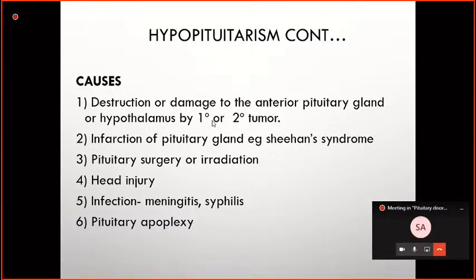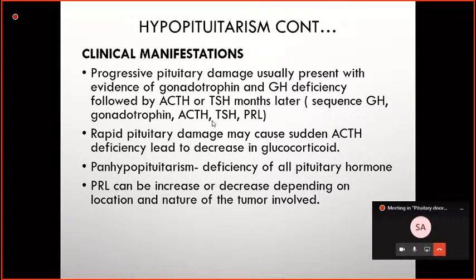Head injury as well. It can be gradual if the bleeding is slow. So it really depends on the cause. Clinical manifestation: usually growth hormone, gonadotropin, followed by that sequence, growth hormone, gonadotropin, then only your cortisol, your TSH, and your prolactin.